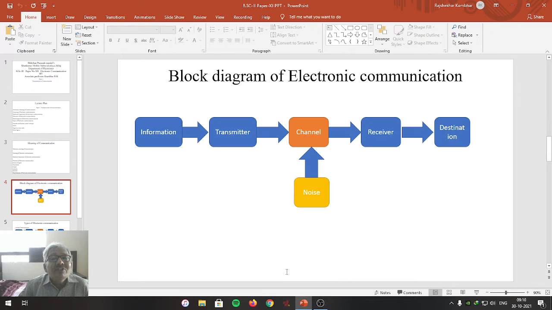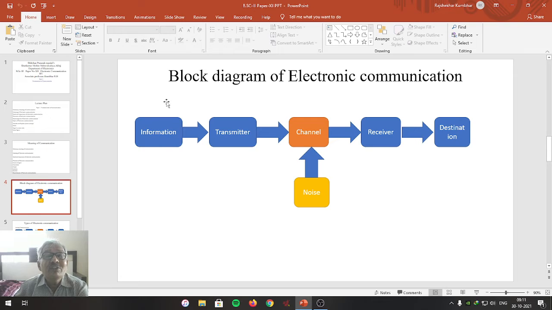By knowing this, one can definitely understand the exact meaning of electronic communication. What do you mean by that? Friends, this diagram represents the block diagram of electronic communication.